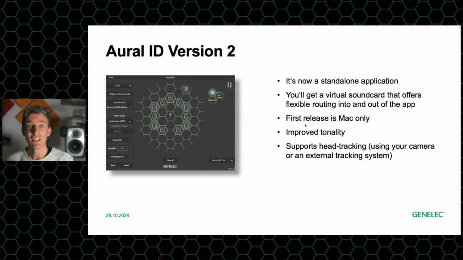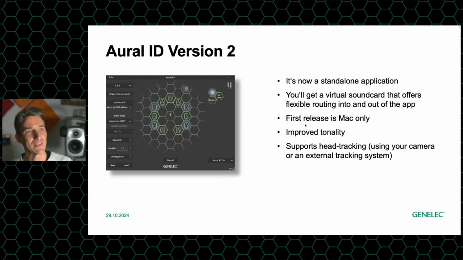What's new with Aural ID 2? First of all, it's now a standalone application. And this has one significant advantage, that you can now just place it into your signal flow where it belongs. For example, with Aural ID 1, this was a plugin that was placed in your DAW. But let's say you had been using the Dolby renderer, which is outside the DAW, you could not make use of it.